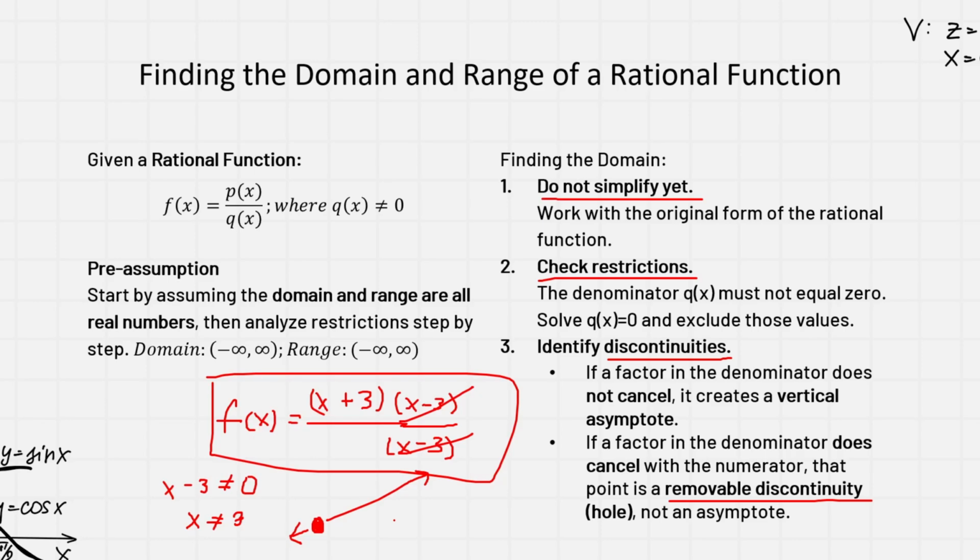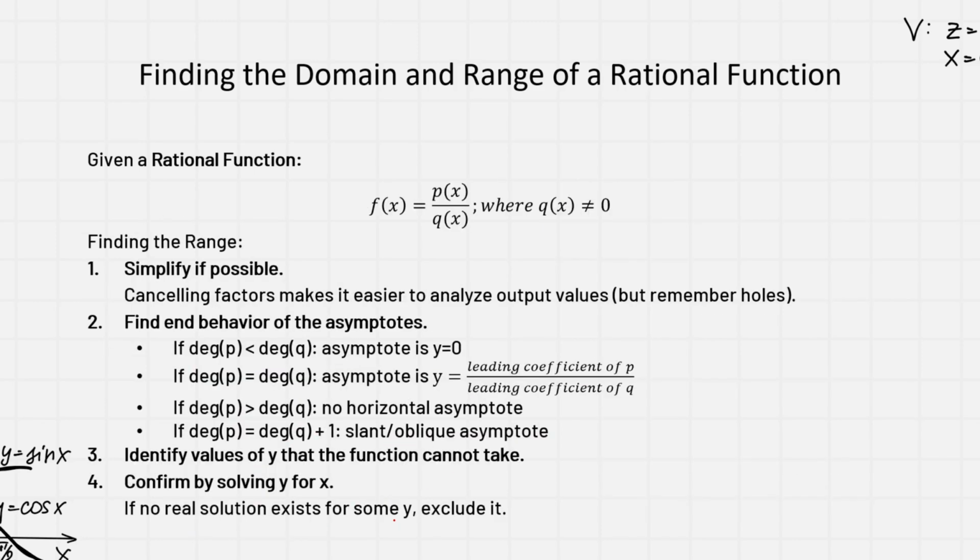Okay, next, as for the range, this is the general rule here. We can start simplifying the given function to find the range. So after simplifying, use these following conditions in order for you to find the asymptote. Finding the asymptote provides you information on what will be the behavior of your function in terms of range.